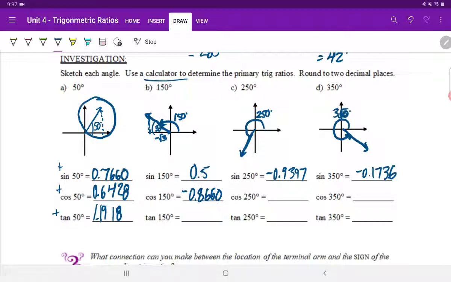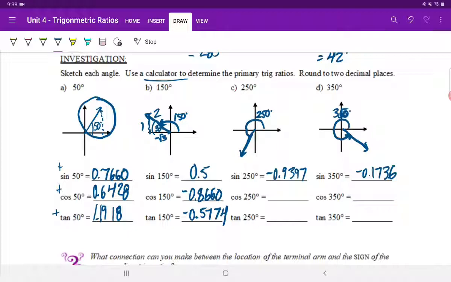So the adjacent is negative because it's on the negative x-axis, divided by the hypotenuse, which is positive. That's where you get negative 0.8660, because it's a negative divided by a positive. Tan of 150 is also negative. The opposite is 1, divided by the adjacent, which is negative square root 3. Of course, you're going to get a negative ratio there.